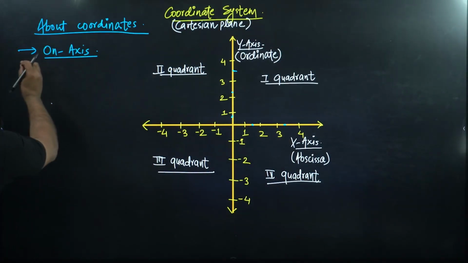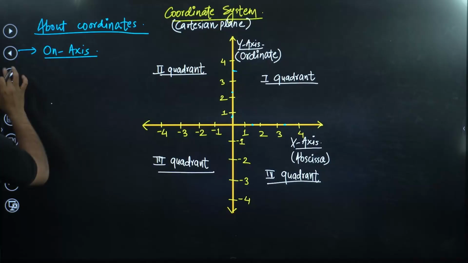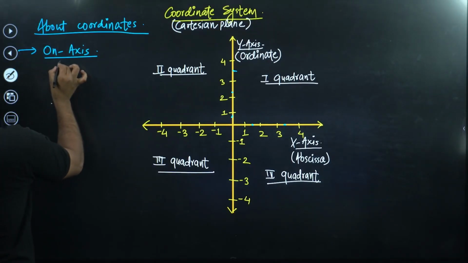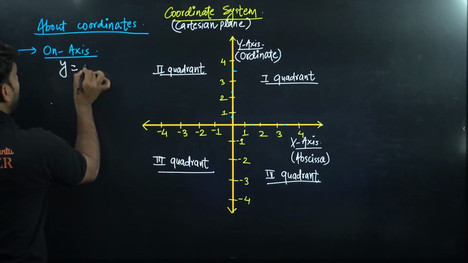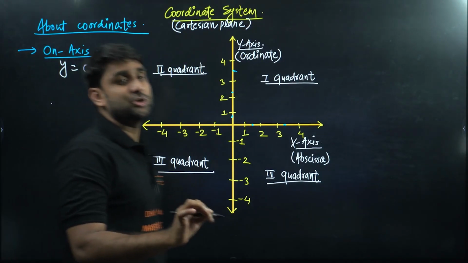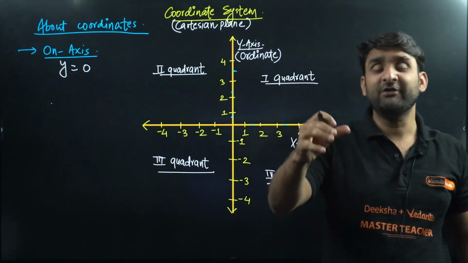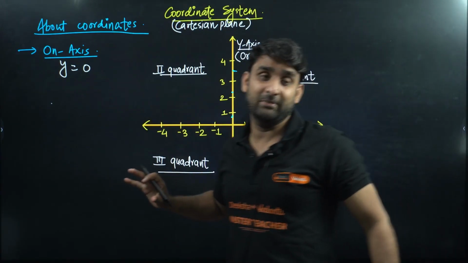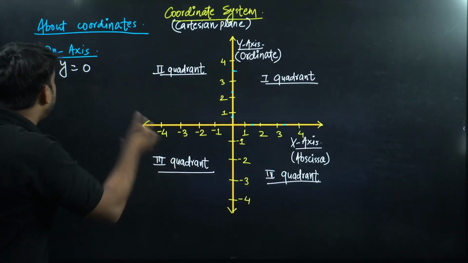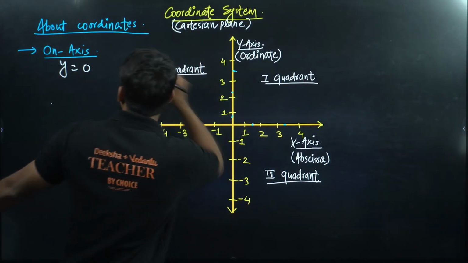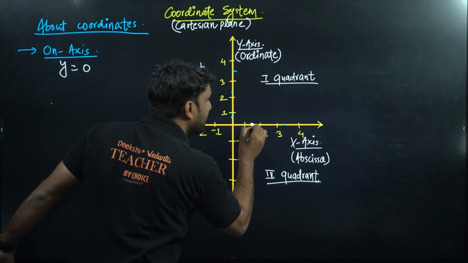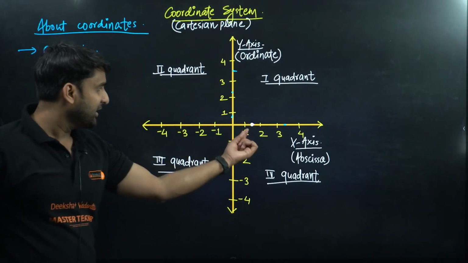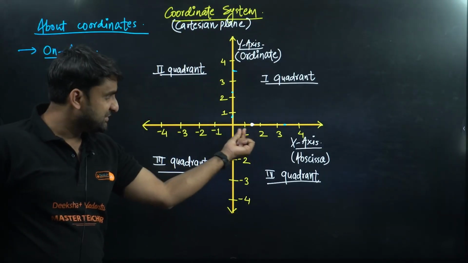So if the point is on the x-axis, my dear champion, always take y as 0. Please make sure that if a point is on the x-axis, you write that the y coordinate will become 0. Can you see why? Because if a point is on the x-axis, let's imagine this dot is the point lying on the x-axis.